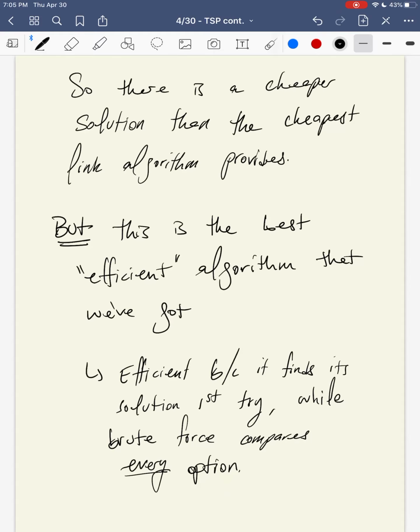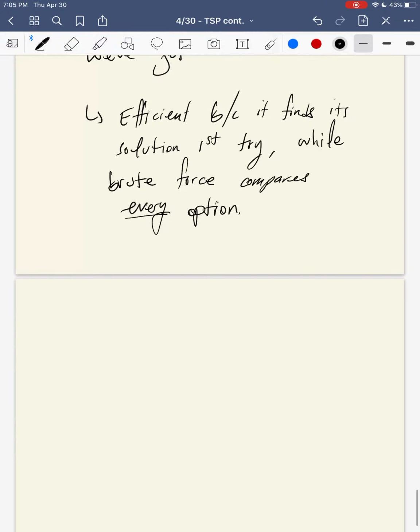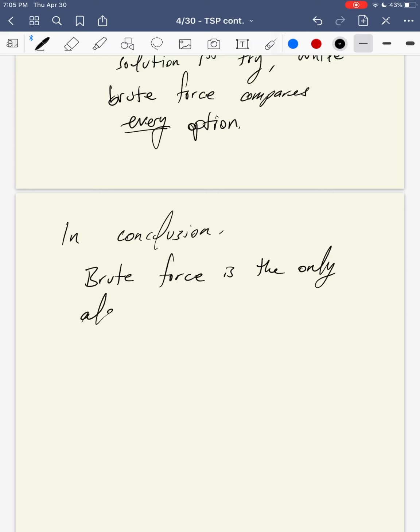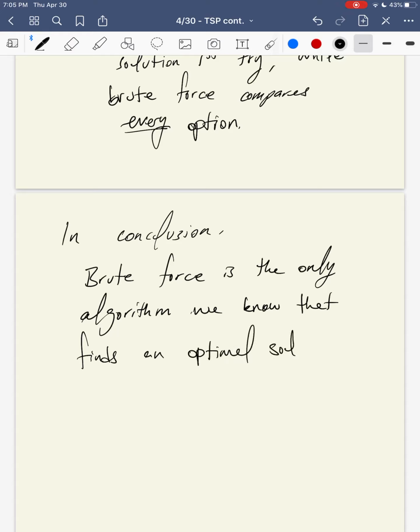But yeah. So in conclusion, brute force is the only algorithm we know that finds an optimal solution.